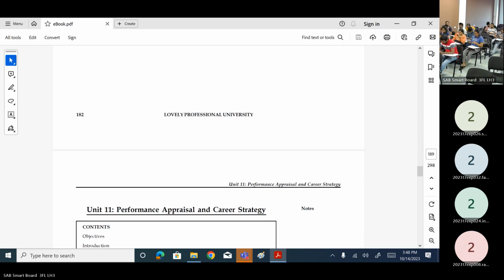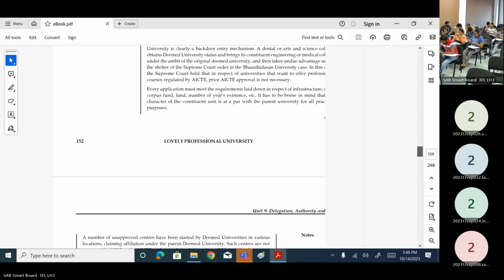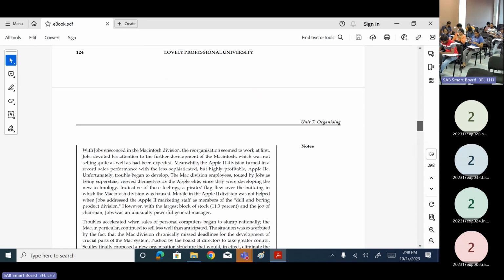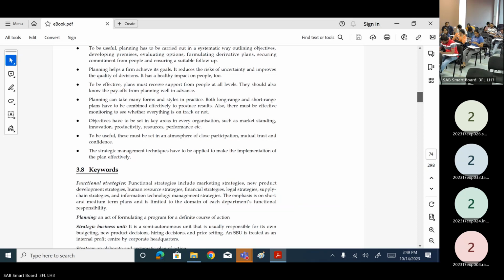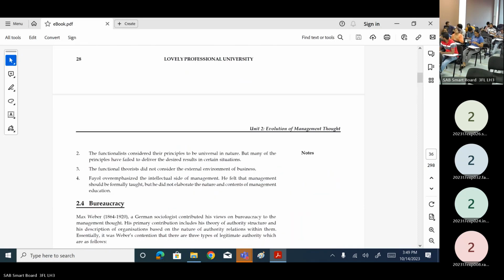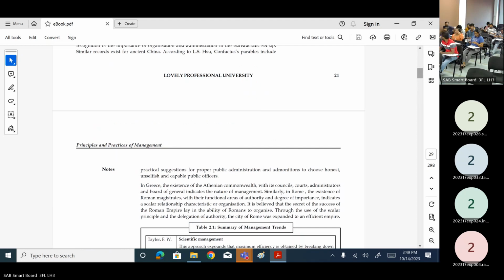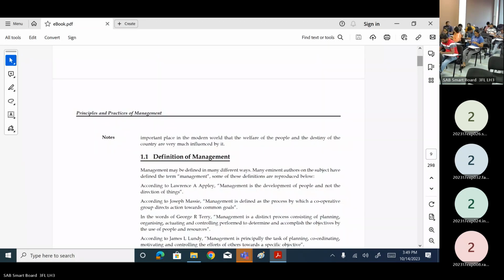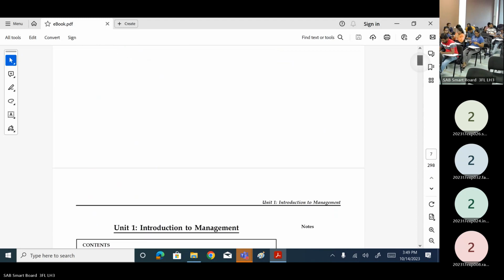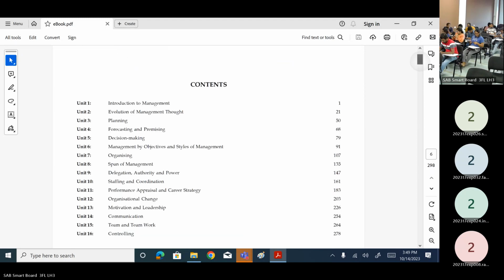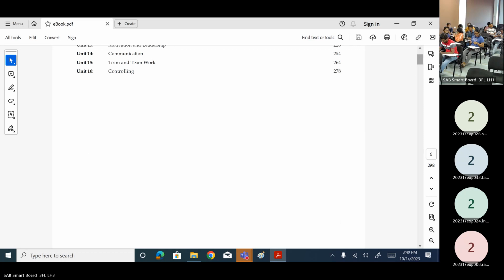They found it. Team and teamwork, 264, no?